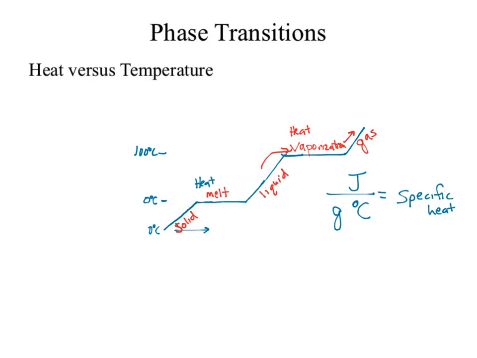Okay? What's going to determine how much energy you have to put in there? What's going to determine how much energy we have to put in to, say, cause a species to melt? The intermolecular forces that we just talked about. Okay?